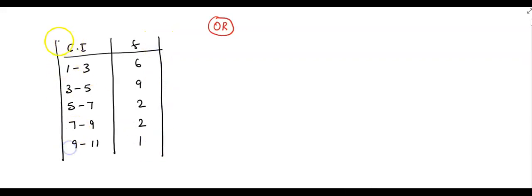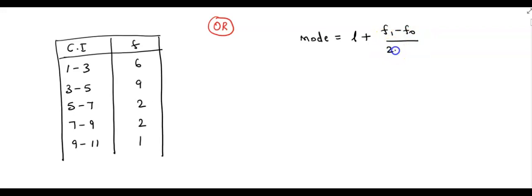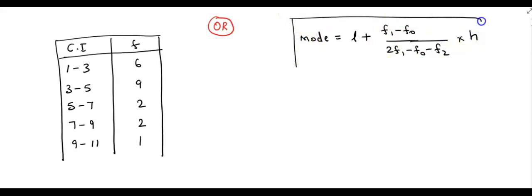These are the frequencies. Now what should we find? We have to find the mode. First, let me write the formula we use to find mode. That is L plus F1 minus F0 by 2F1 minus F0 minus F2, into H. This is the formula.